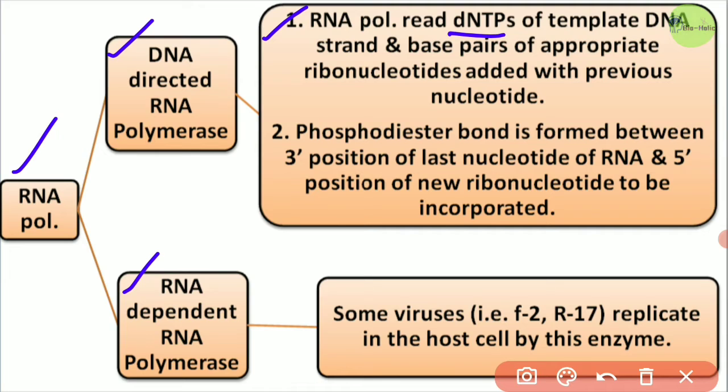Okay, and at the same time a phosphodiester bond is formed between the 3' position of the last nucleotide of RNA and the 5' position of the new ribonucleotide to be incorporated, as we have seen in the process of replication, right? So the RNA replicase or RNA dependent RNA polymerase, in some viruses, that means F2, R17, those can replicate in the host cell by this enzyme.